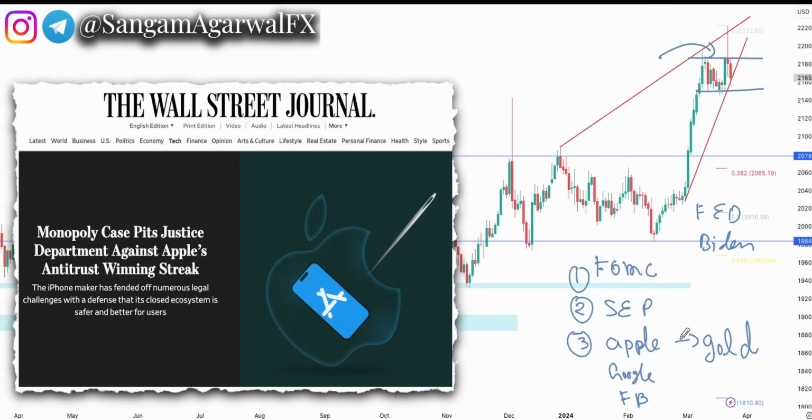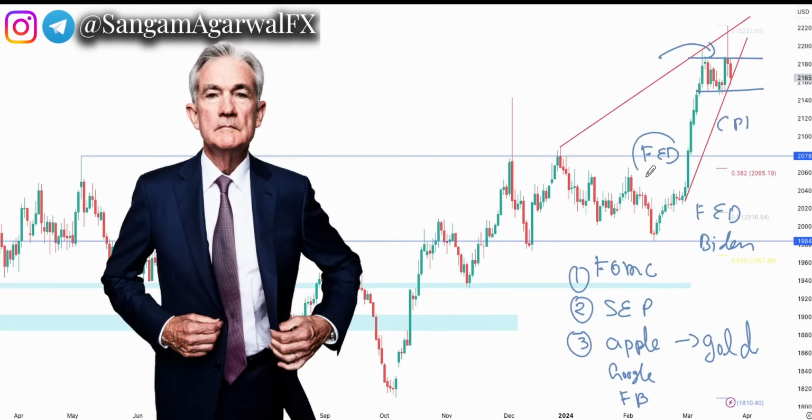If they can kill all the monopolies and consumer prices go down, let's say CPI, then without Fed monetary policy they can control inflation. So everyone is busy talking about the speech, very few people talking about the SEP, but everyone is ignoring that monopoly case effect on gold long term.